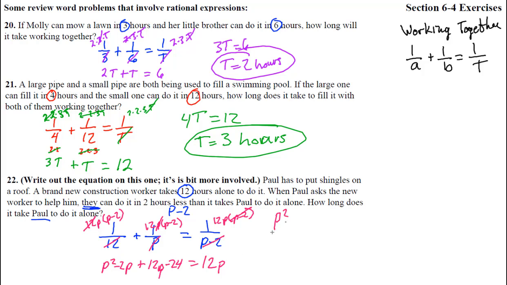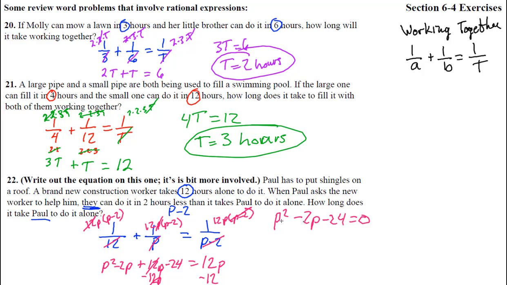P squared minus 2p plus 12p, that's plus 10p. Oh, we've got to get these together. We've got to solve this by getting it equals 0, so minus 12p from both sides. Those will go away, so it's P squared minus 2p minus 24 equals 0. This is a chapter 5 polynomial problem.